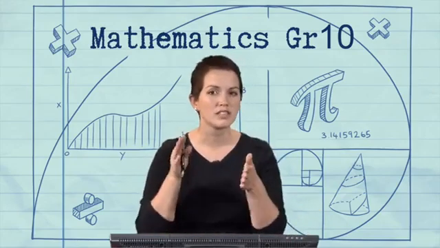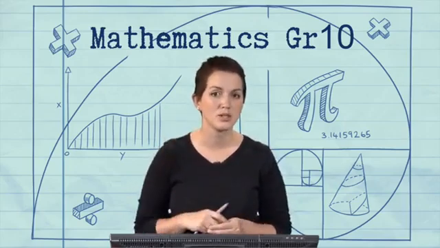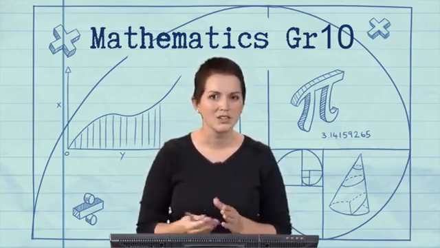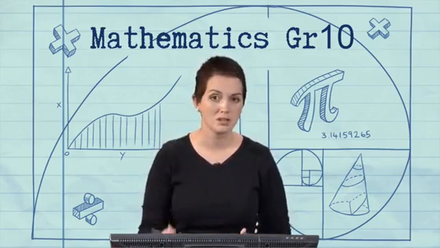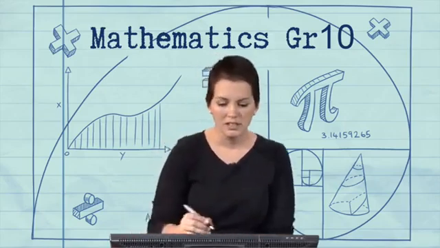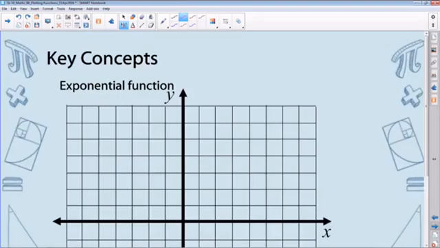So the exponent function has the x in the exponent position. Let's take a look at the formula and then plot the parent function. Now the exponent function has a whole lot of variables in it. It's y equals a times b to the power of x plus q.